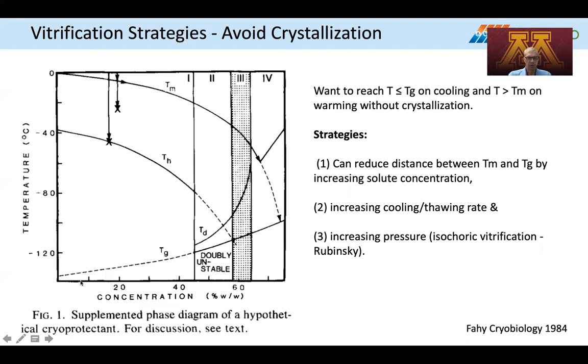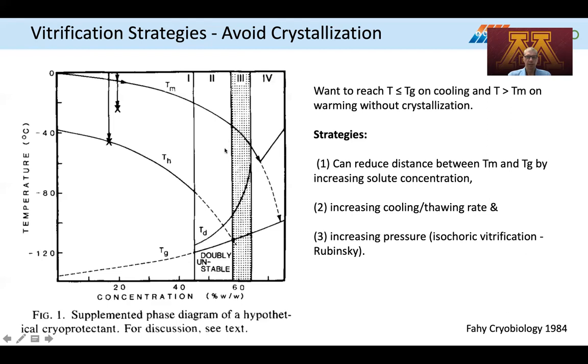And you're never going to make it to the glass without crystals. So what Greg did is he said, well, let's go to a higher concentration where the melt begins to come down, the homogeneous nucleation begins to come down, and I'm getting the melt and TH closer to the TG. If I can get close enough, then I can traverse that window where crystallization is fast enough that I'm not going to damage my system.